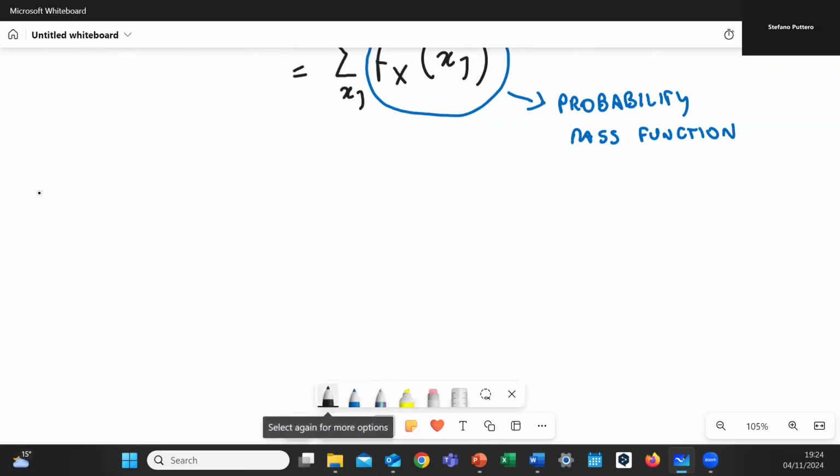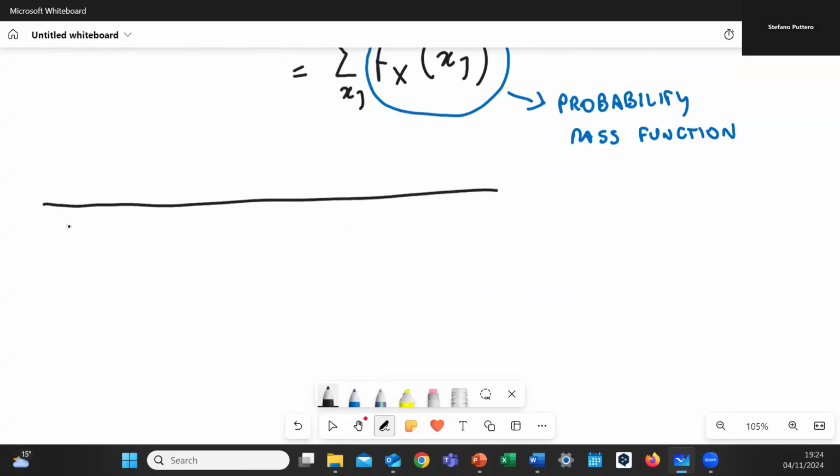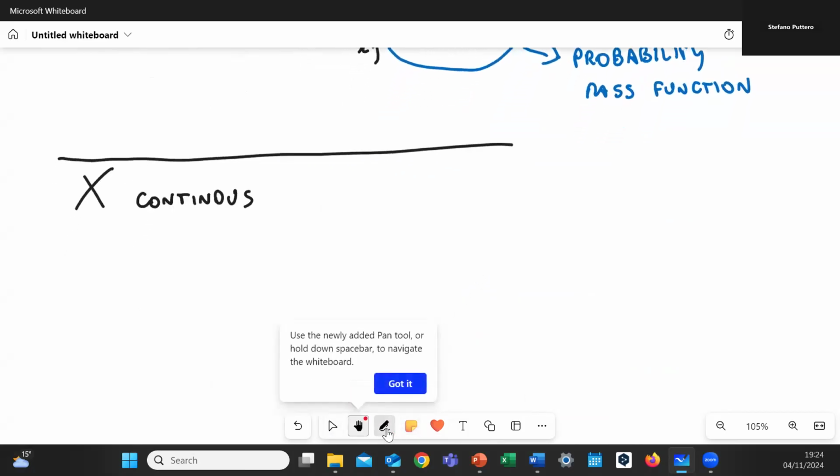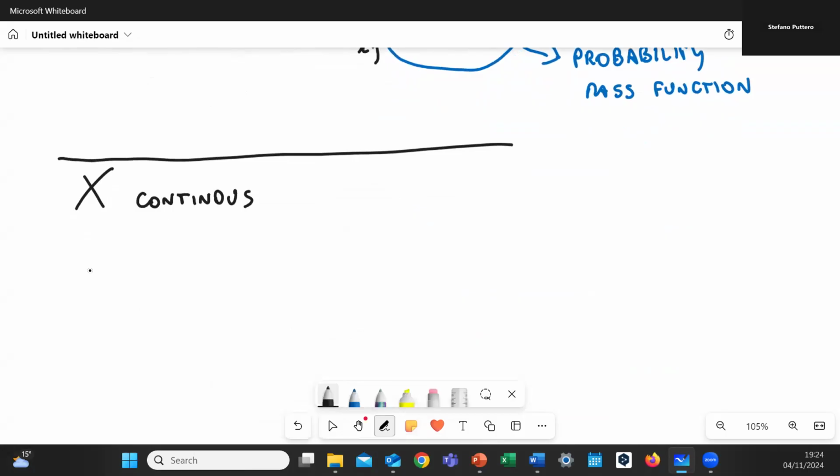If we are dealing with uppercase X continuous, we saw in the previous slide that uppercase F_X of x, the cumulative distribution function, is equal to the integral from minus infinity to x of f_X(x) dx.